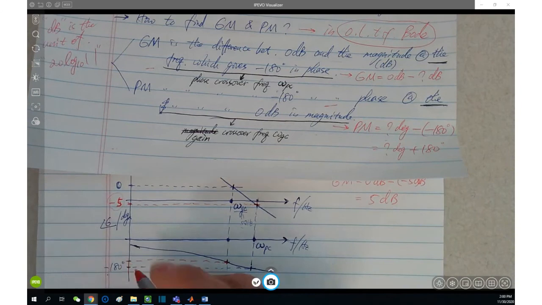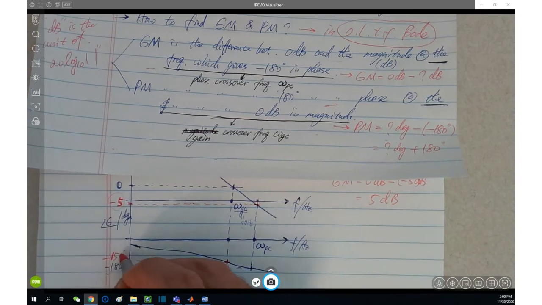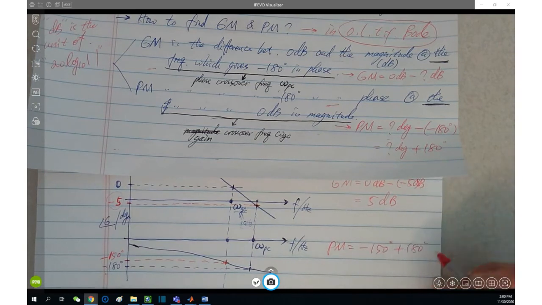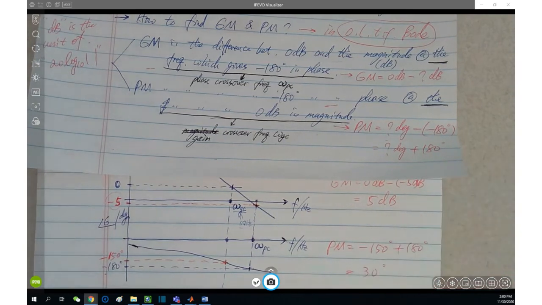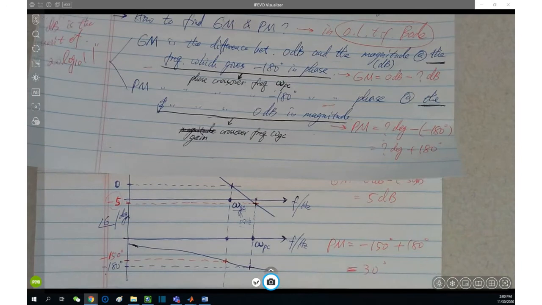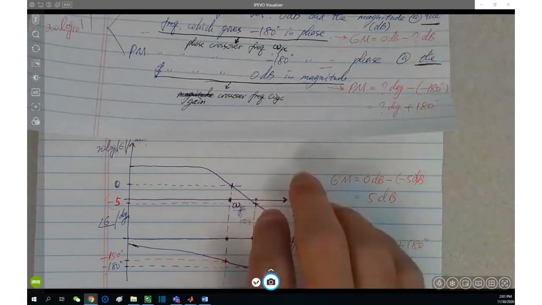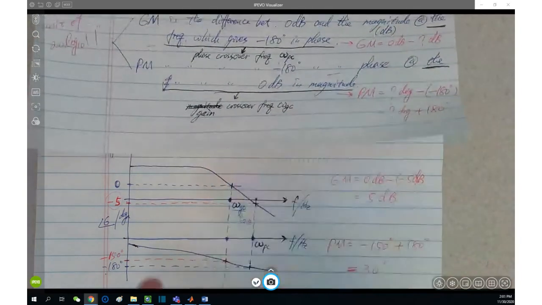For example, this degree is negative 150 degrees. And then PM equals what? Negative 150 degrees plus 180 degrees, right? Equals positive 30 degrees. Does it make sense? Nothing but following the given definition here.